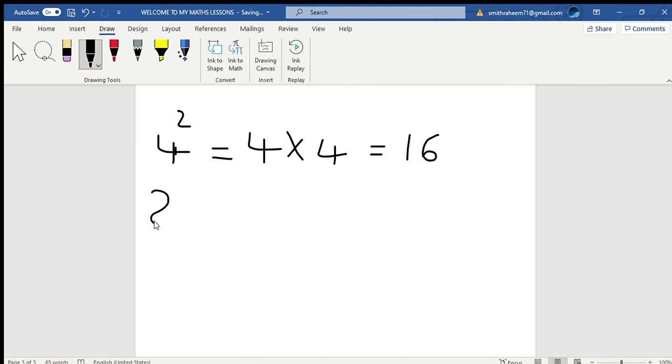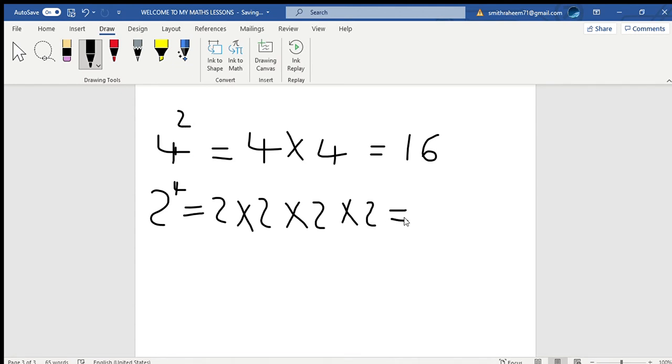Let's say you have 2 to the power of 4. So what this means is that 2 should be multiplied by itself 4 times. So it should be 2 multiplied by 2 multiplied by 2, and the final one multiplied by 2.